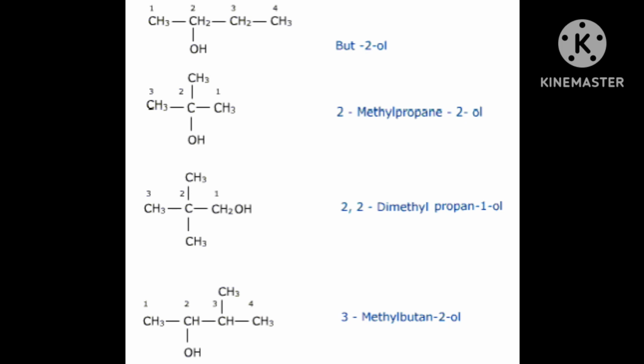Two groups on the same carbon, carbon number 3, both are ethyl groups. Then it is easy, you are remembering. Now after that, at carbon number 4 a methyl group is attached, and again at carbon number 5 a propyl group is attached.